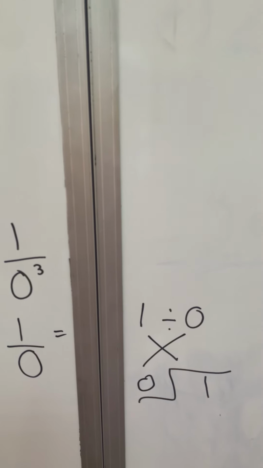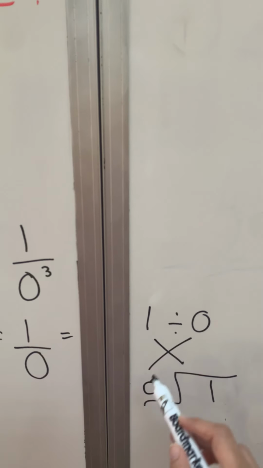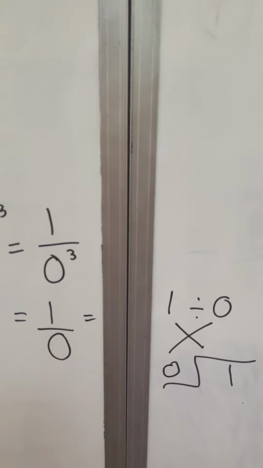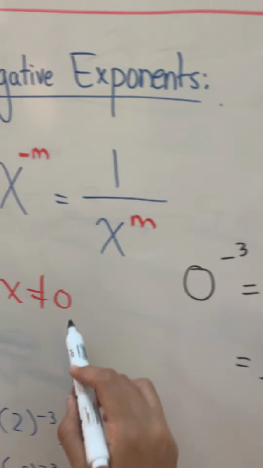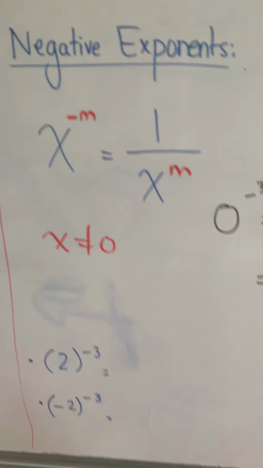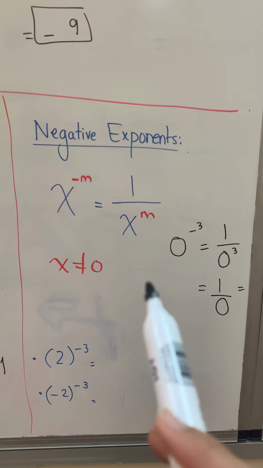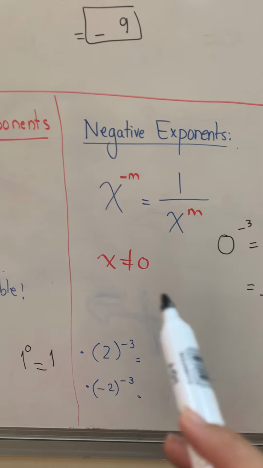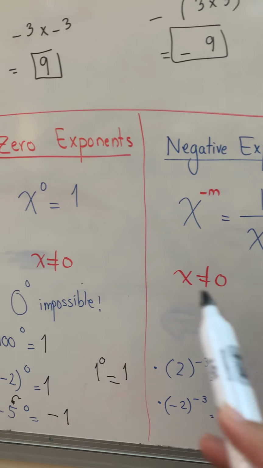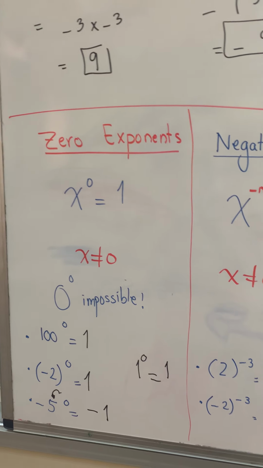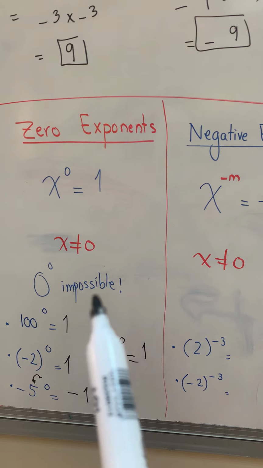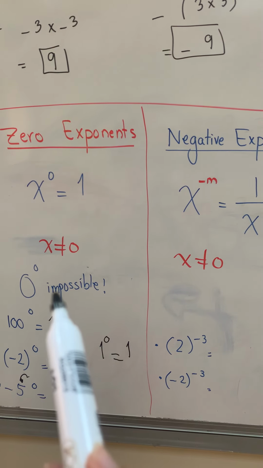Can I have a number that, if I multiply it by 0, gives me 1? Never, it's impossible. That's why I told you you cannot have x equal to 0, all right? So this rule will work, but x should not be 0. There's a condition, and similarly here, the same thing. And I'll explain this as we move on in our lesson.